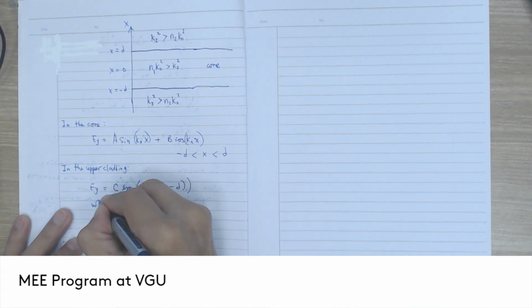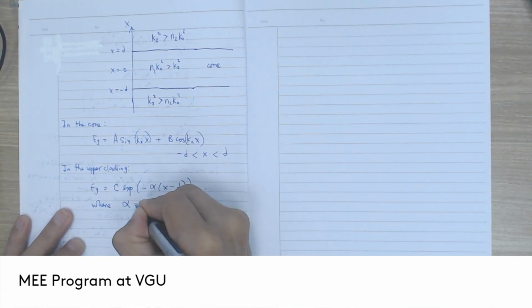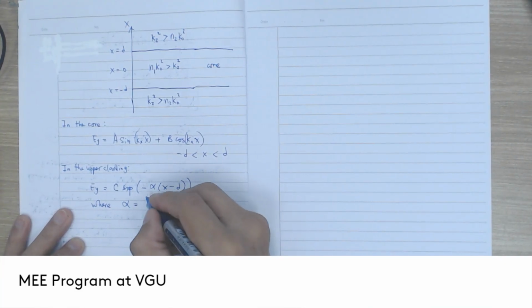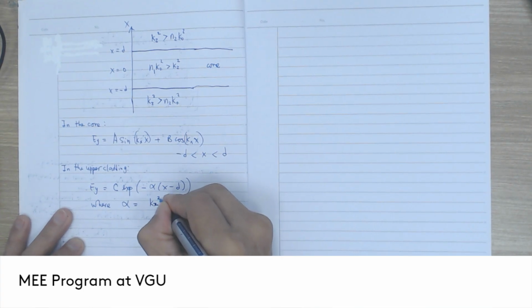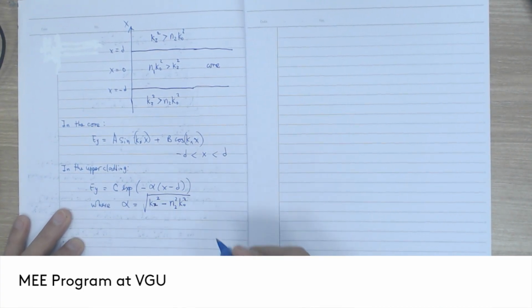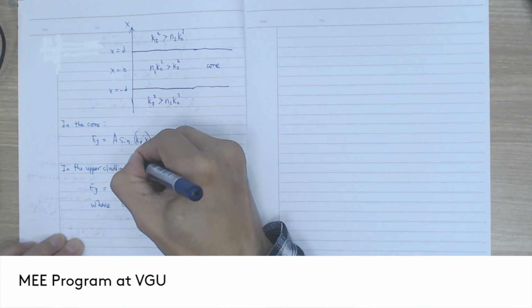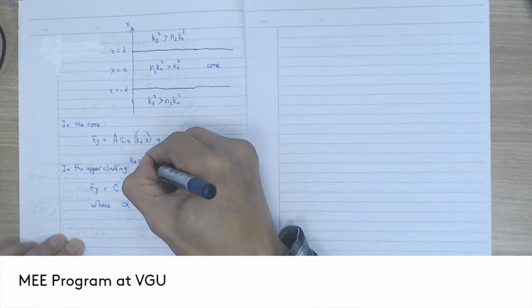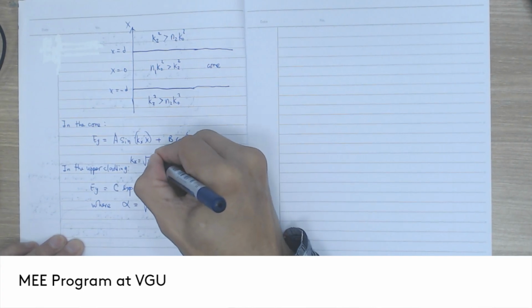Alpha is equal to the square root of kz squared minus n2 squared into k naught squared. So this is the value of alpha, which is opposite to kz.